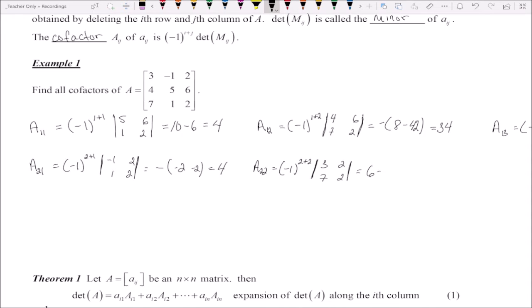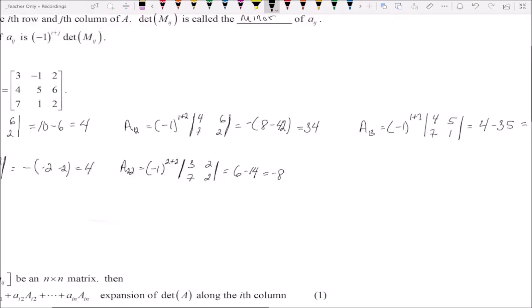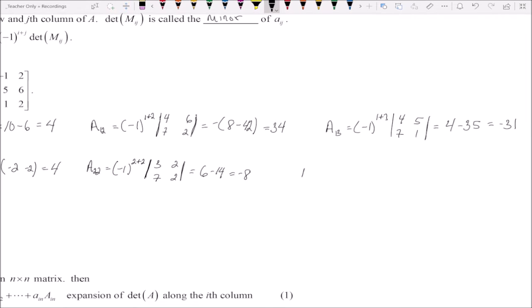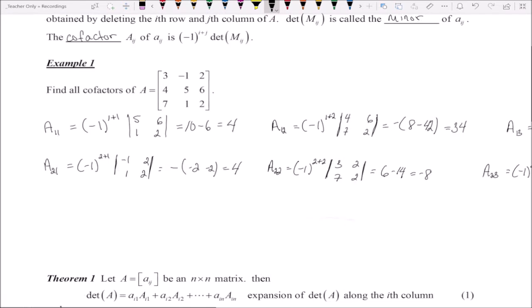We'll have 6 minus 14, which is negative 8. Right, and then finally, A23, (-1) to the 2 plus 3 times the determinant of 3, negative 1, 7, 1. So negative 3 plus 7, we get negative 10.